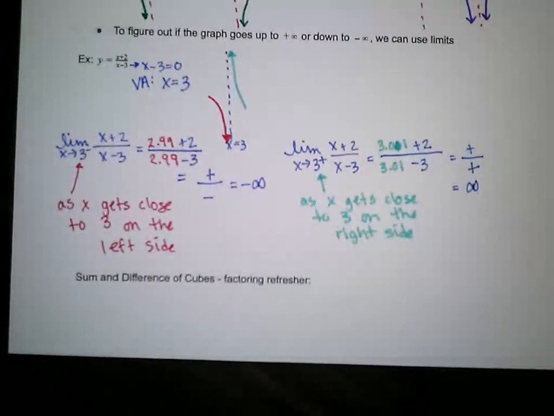Just a reminder, this sum and difference of cubes is going to come up quite a bit throughout this chapter. So I thought it would be in our best interest to just kind of review it so that it's more fresh in your mind than from, whenever it was that you studied it years ago.